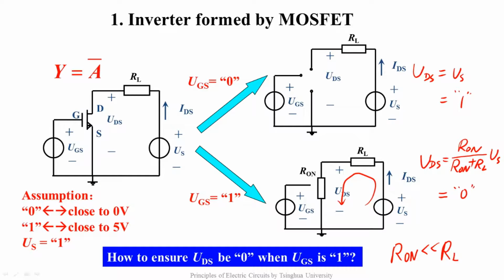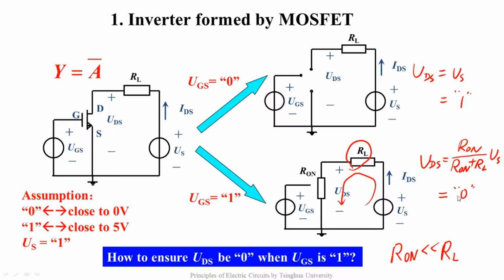In other words, in the digital circuit, the value of RL must be far greater than R on, the on resistance of the MOSFET. Then, the logic function can be realized correctly. You should pay attention to this.